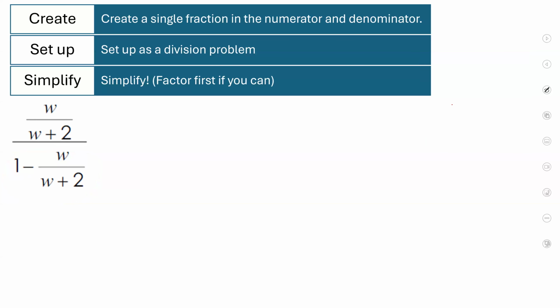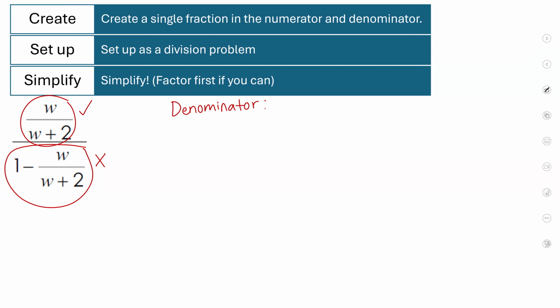Okay, great questions. Here's the next example. So your first step is to create a single fraction in the numerator and the denominator. So guys, this numerator is a single fraction. That's good. However, the denominator has 2. That is not good. So we need to work on the denominator. So I'm just going to write out the denominator so you know what I'm doing.